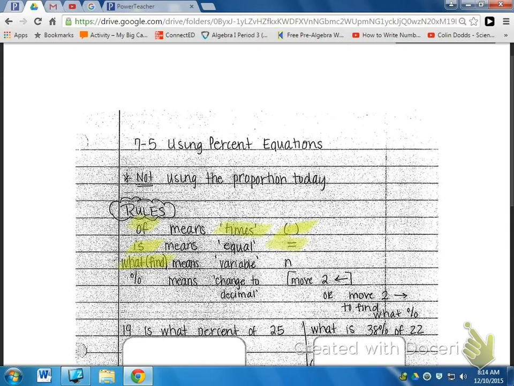If you're given the percent, you have to change the percent to a decimal. You move the decimal 2 places to the left. If you're solving for the percent, then at the end of the problem, you change that decimal to a percent by moving the decimal 2 places to the right. So if you're given the percent, you take the percent and change it to a decimal by moving the decimal 2 places to the left.